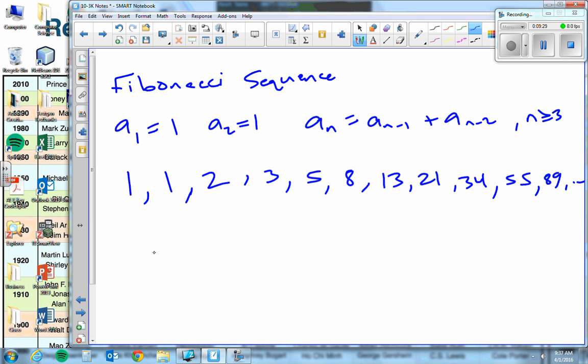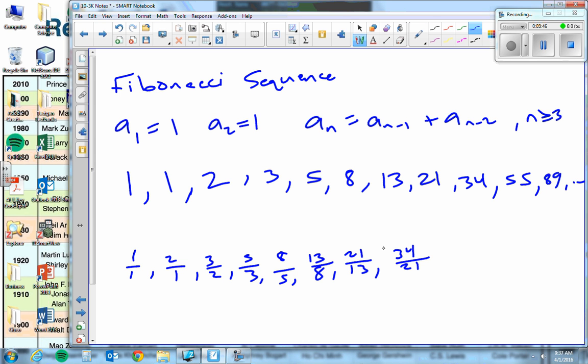Since we have these numbers here already, if you do 1 over 1, and then 2 over 1, and then 3 over 2, and then 5 over 3, and then 8 over 5, and then 13 over 8, and then 21 over 13, you take this limit, which is just numbers from the Fibonacci sequence, then that approaches what's called the golden ratio, which you can look into if you like. But it's a special number. Anyway, moving on.